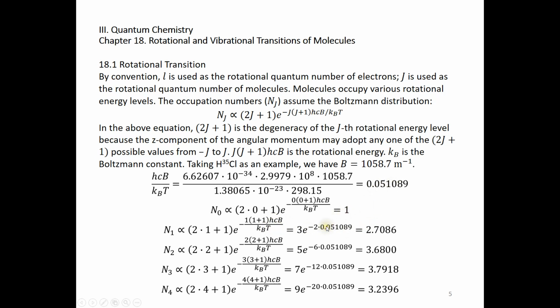So we can plug in that number here. We say N sub 1 is proportional to 2.7. What does that mean? That means N sub 1 over N sub 0 is equal to 2.7 over 1.